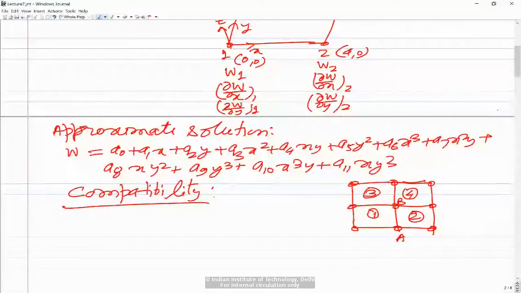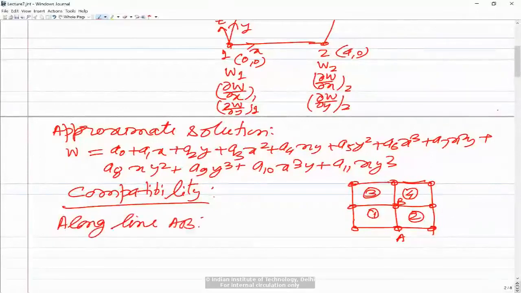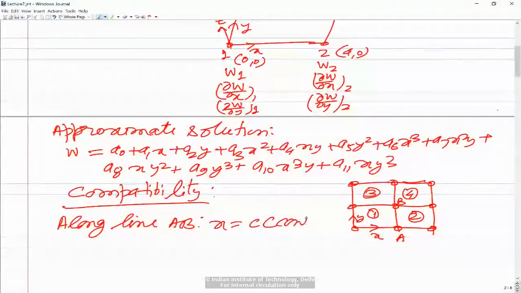If you look along line AB, we have x equal to constant. This is x and this is y. So x is equal to c, which is a constant, for both elements 1 and 2 along AB.